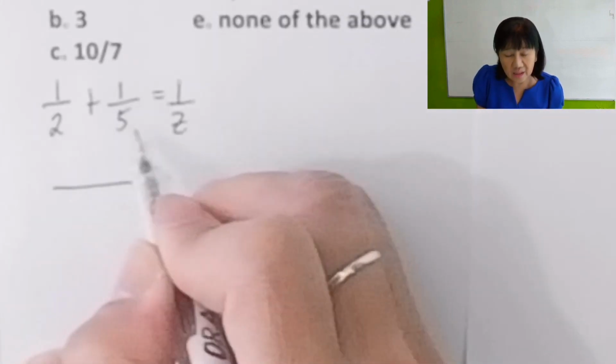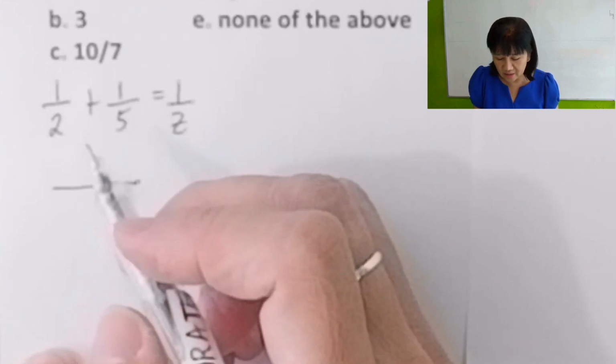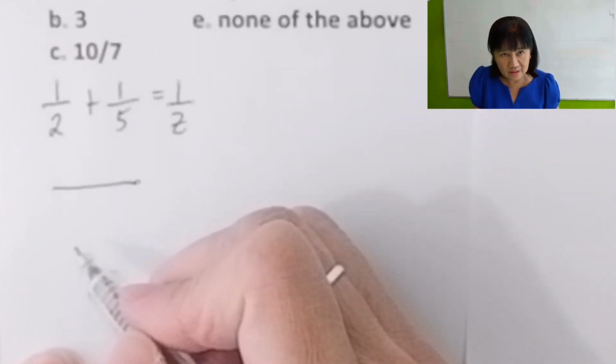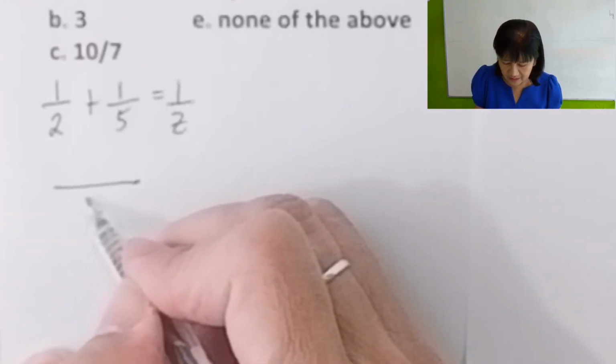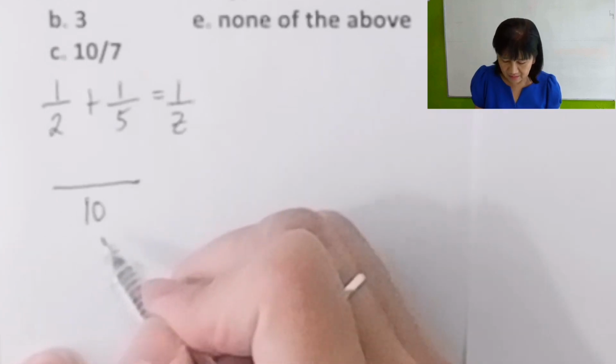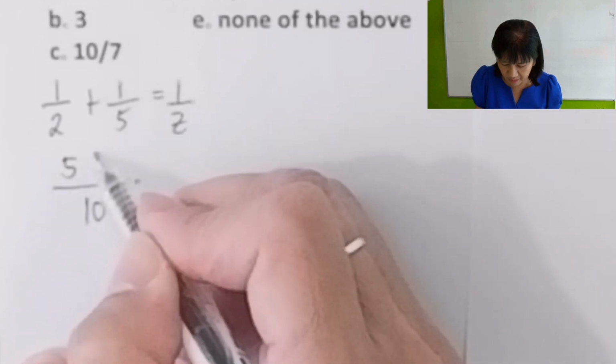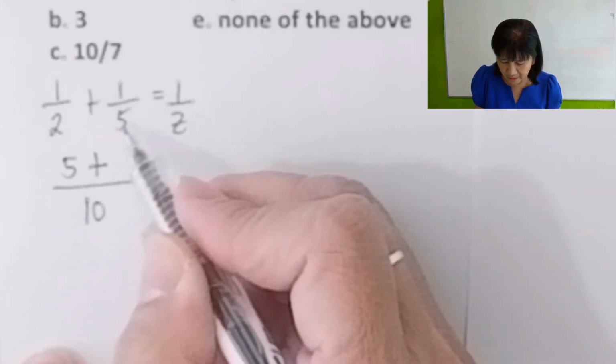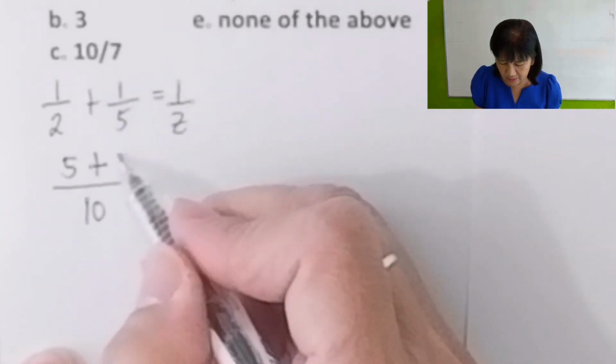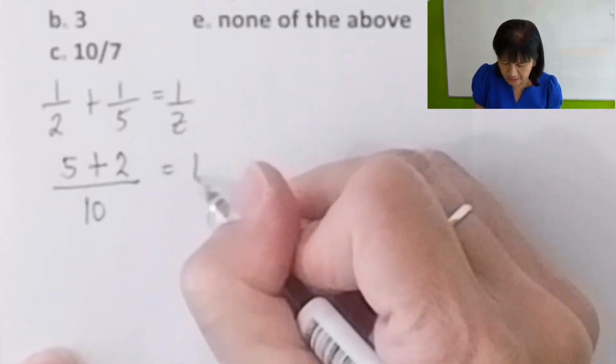So, add this. How do we add fractions again with unlike denominators? Find the LCD. 10. 10 divided by 2 is 5, times 1, that is 5, plus 10 divided by 5 is 2, 2 times 1 is 2. This is 1 over z.